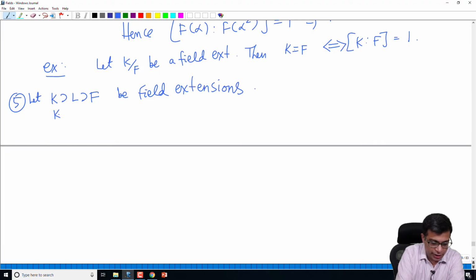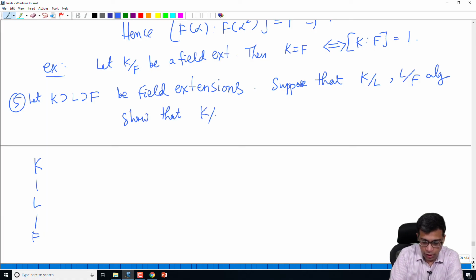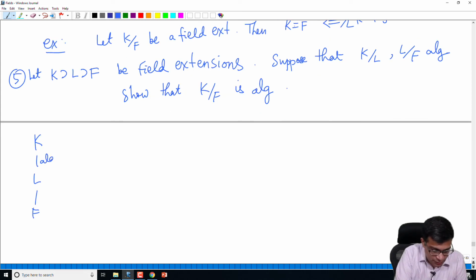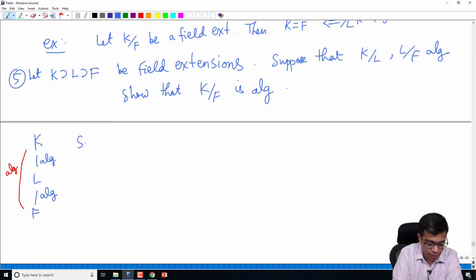So I'll write it here, K over L over F. Suppose that K over L and L over F are algebraic, show that K over F is algebraic. So the 2 intermediate extensions are algebraic, show that the bigger extension is algebraic.